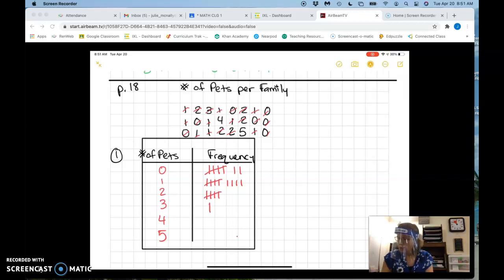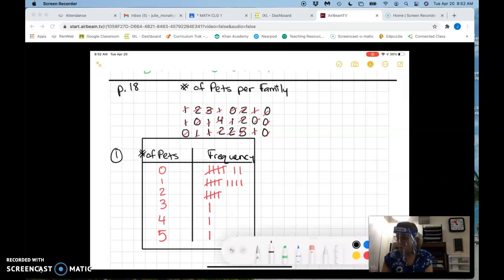One 4, and one 5. Okay, so I do cross the numbers out as I put the information in my table. That way I make sure I don't forget anything. Number 1 says use a frequency table to make a histogram of the data. So now that we made the frequency table, it'll be real easy to make the histogram.